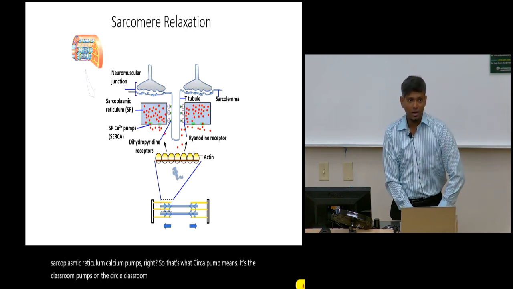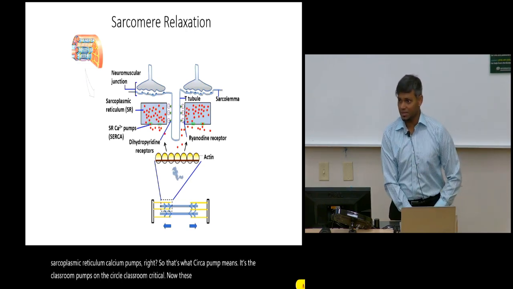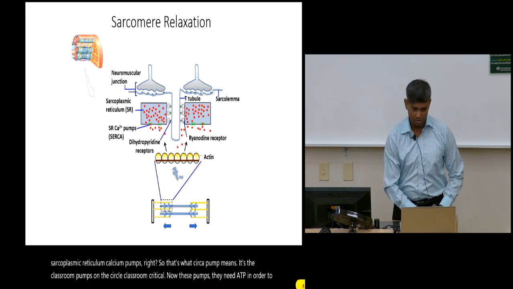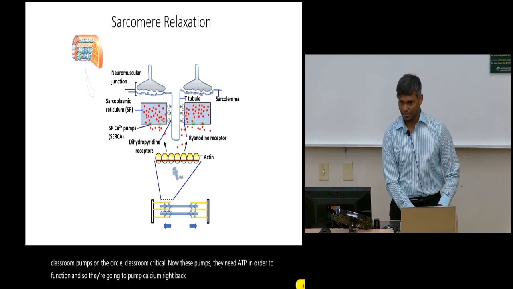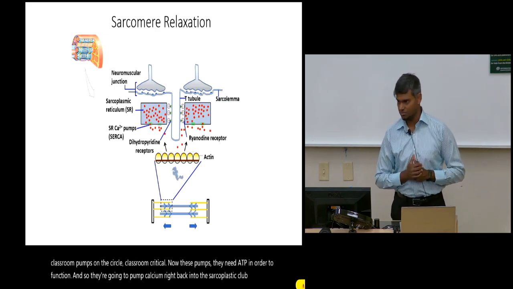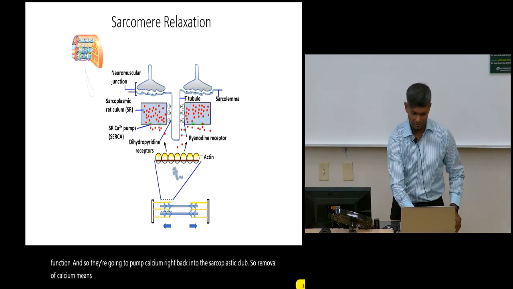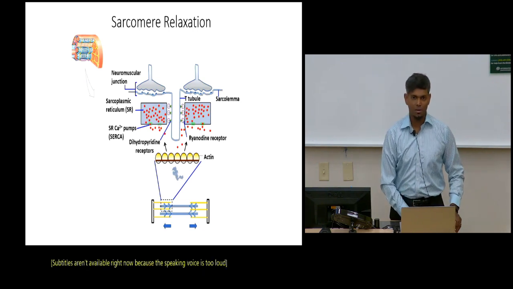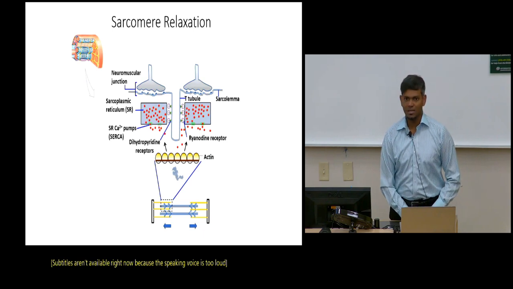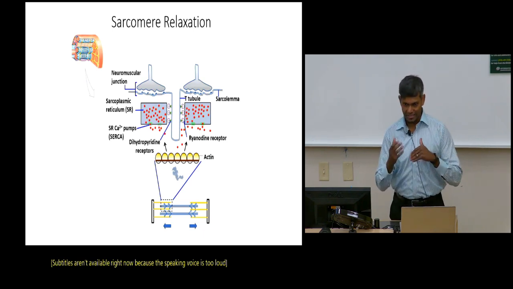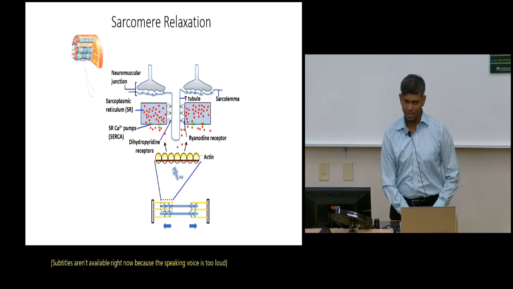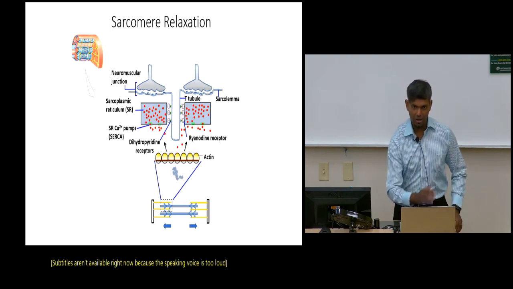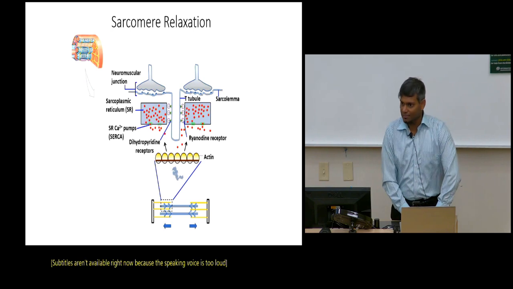Now these pumps need ATP in order to function, and so they're going to pump calcium right back into the sarcoplasmic reticulum. So removal of calcium means that this thin filament is no longer permitting myosin to bind to actin, right? Because we see that TnI is again going to interact with actin in the absence of calcium, and tropomyosin will eventually move into that blocking state.